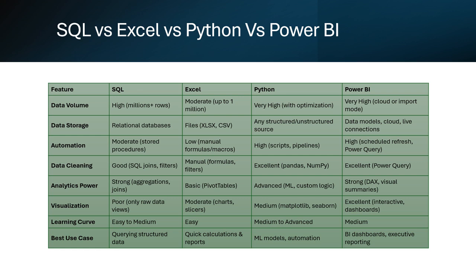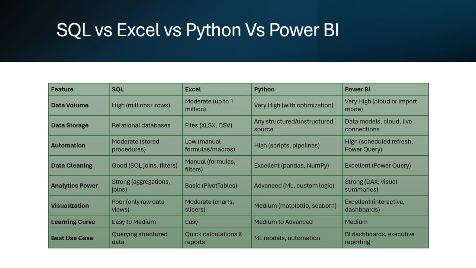Data cleaning. SQL is good because we use joins, filters, among other commands and tools. Excel is manual, with formulas and filters. Python is excellent; we use pandas and NumPy. Power BI is excellent as well. We have Power Query, which is also an engine that is in Excel. Then analytics power: SQL is strong, though we can't do many visualizations, but we can do aggregations and joins and tables.